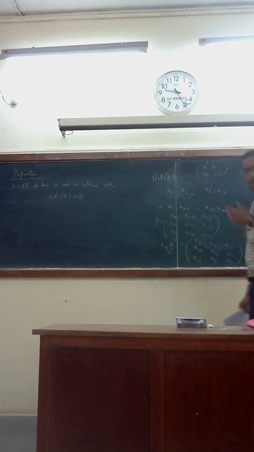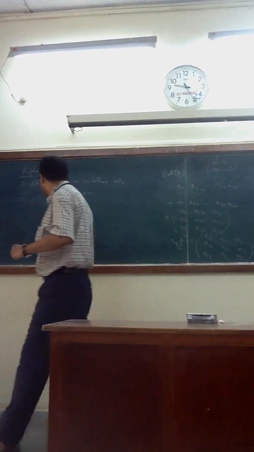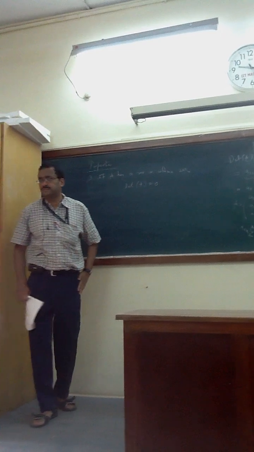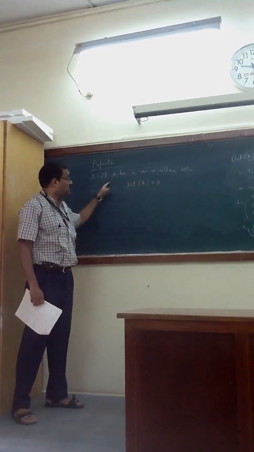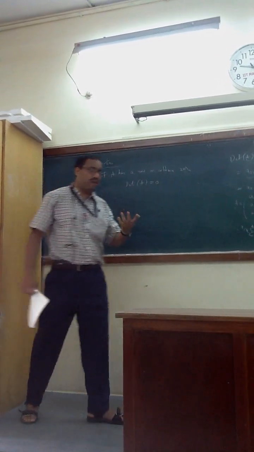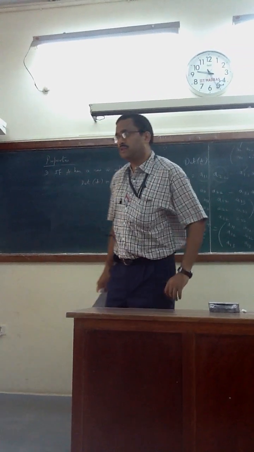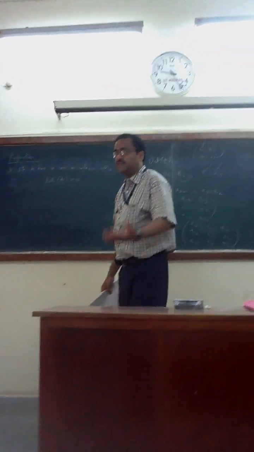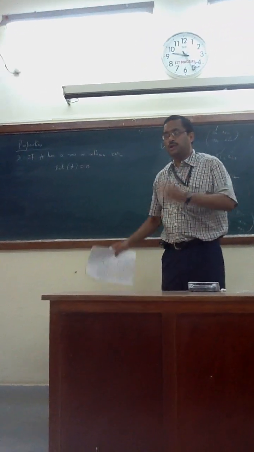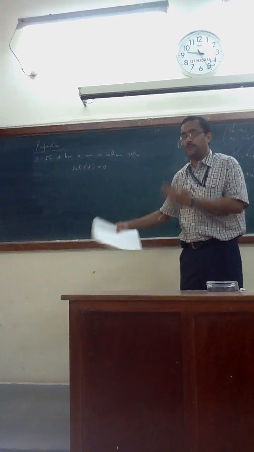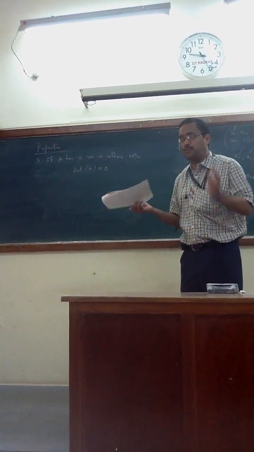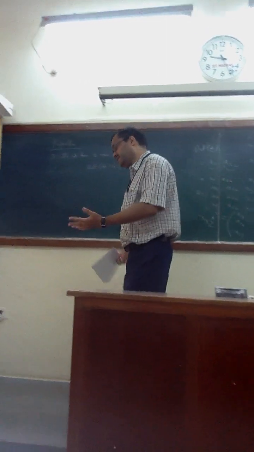How to prove it? Assume A has a column 0. If it is a column 0, then if you take the transpose, it has a row 0, and determinant of A equals determinant of A transpose, which you can prove. So it is better to assume that A has a column 0.